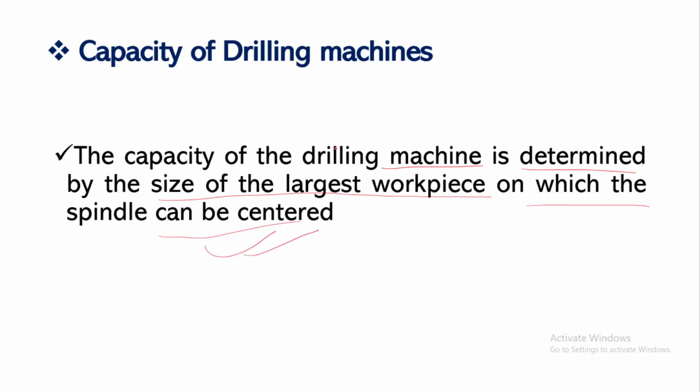So the capacity is defined basically by the largest workpiece that can be operated on that drilling machine. So this was regarding the drilling machine, and in the next lecture we will see what operations we can perform on the drilling machine. Each and everything we will see in the next lecture.